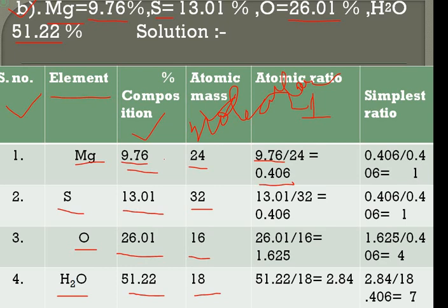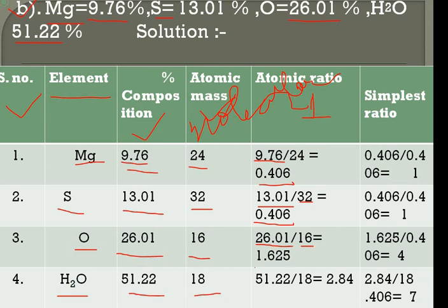In the case of sulfur, the percentage composition is given as 13.01%. So divide this value by its atomic mass, that is 32. Again the value coming is 0.406, right? In the case of oxygen, its percentage composition is given as 26.01%. Divide this value by its atomic mass, which is 16.